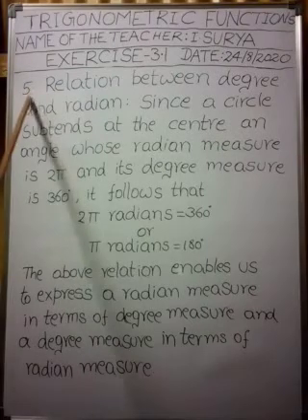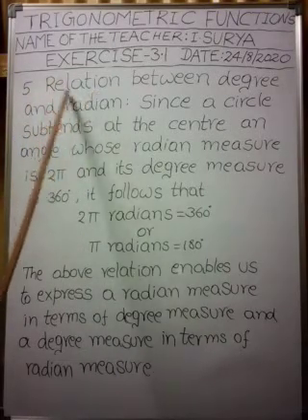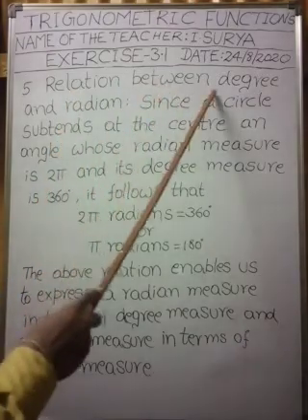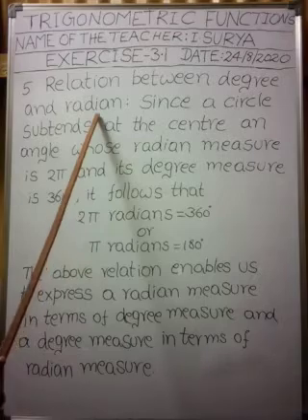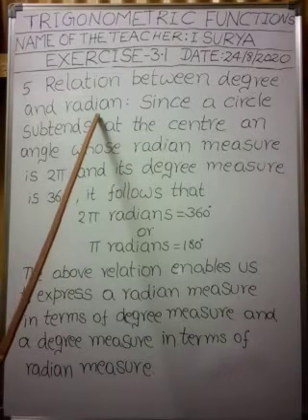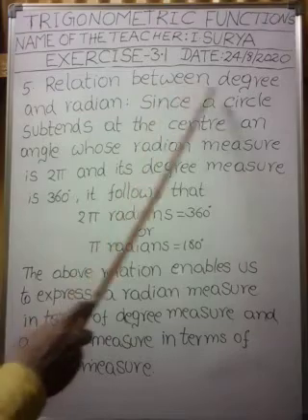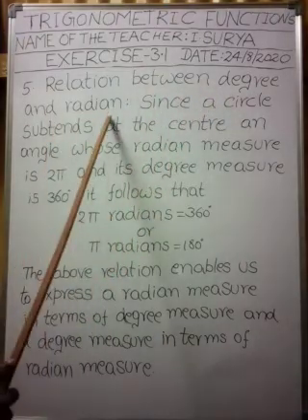Now come to the fifth point, my children. That is the relation between degree and radian. Here we are going to discuss the relation between degree and radian measures.